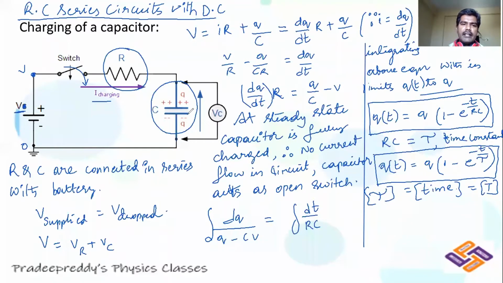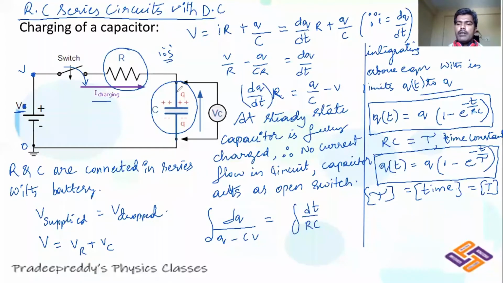After 10 seconds, if you want to find the charge, you can use this expression Q of t is equal to Q into 1 minus e power minus t by tau. But how do you get this Q? Q is the final charge on the capacitor. So finally, how much charge is it able to accommodate?